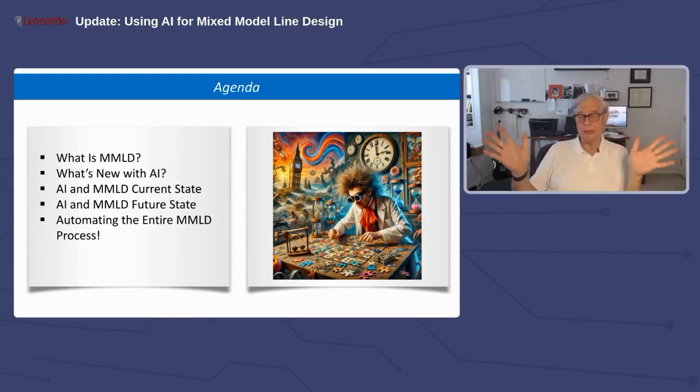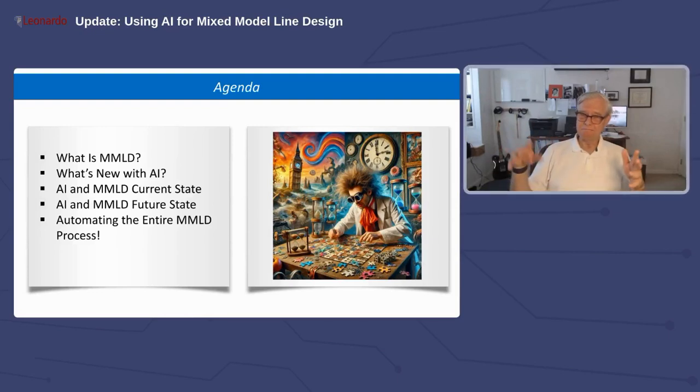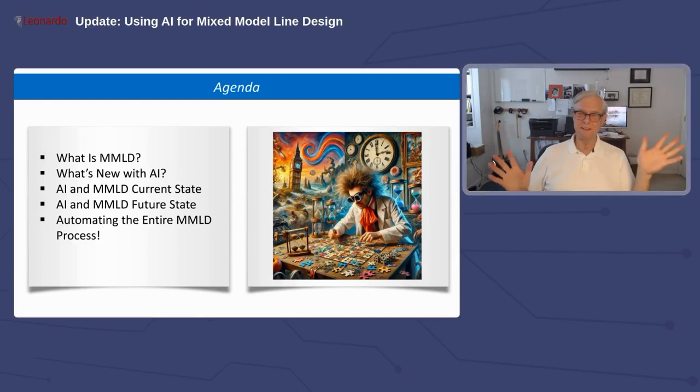So we have a roadmap, a step-by-step process that we follow, and I'll have to do this fairly quickly because it could take the rest of the day, but we'll go through our methodology, the steps, and then how AI could be applied to every one of those steps, with the goal of automating as much as possible the entire mixed model line design process, with a single click or a few clicks.